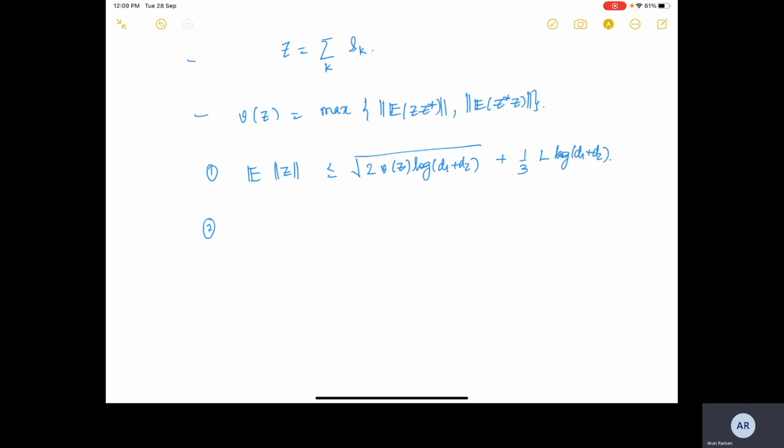And further, it also gives us tail bounds on the spectral norm as follows, involving V of Z plus L t by 3.